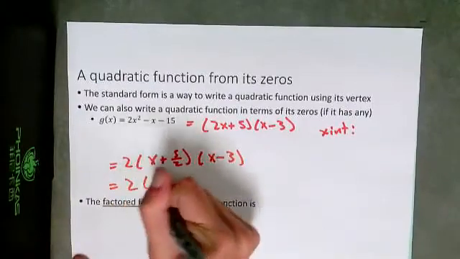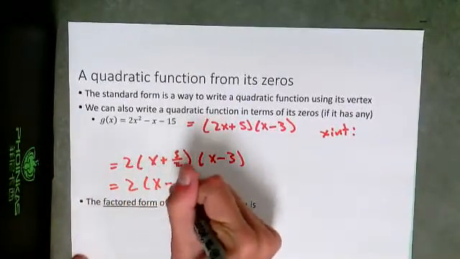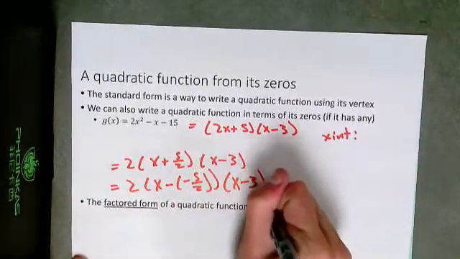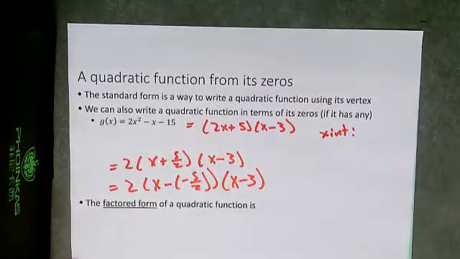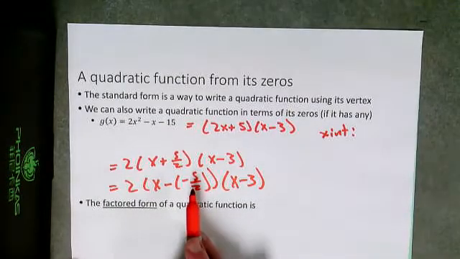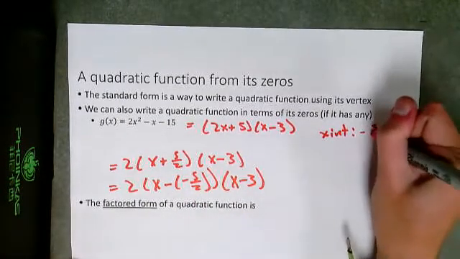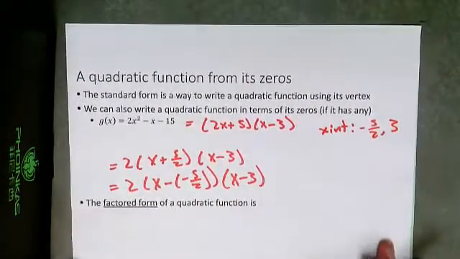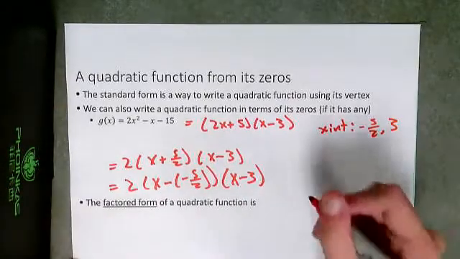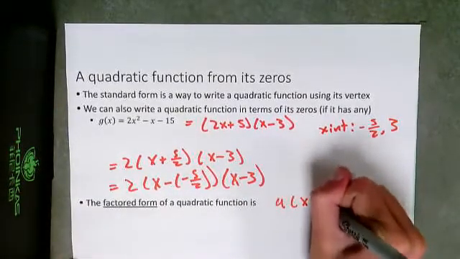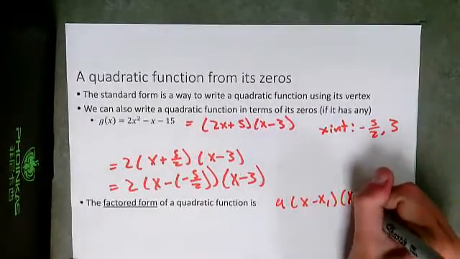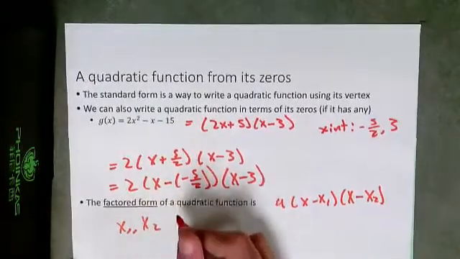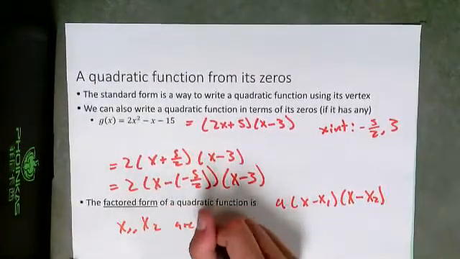Or one more time, 2 times (x minus negative 5 halves) times (x minus 3). This tells us that the x-intercepts are negative 5 halves and 3. Sure, we could have solved that out here, but factor form of a quadratic function is a times (x minus x1) times (x minus x2), where x1, x2 are the x-intercepts.